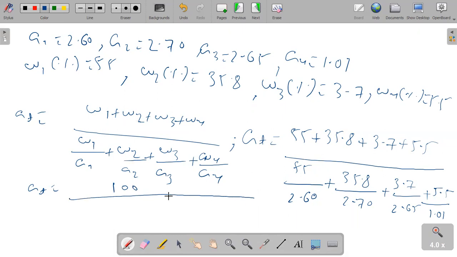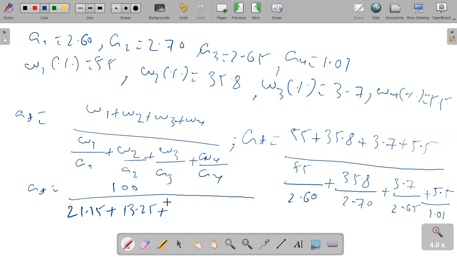Okay. If we divide 55 by 2.60, we'll get 21.15, plus 35.8 divided by 2.70, it is 13.25.